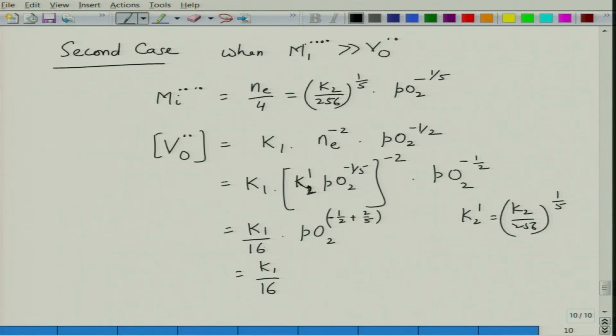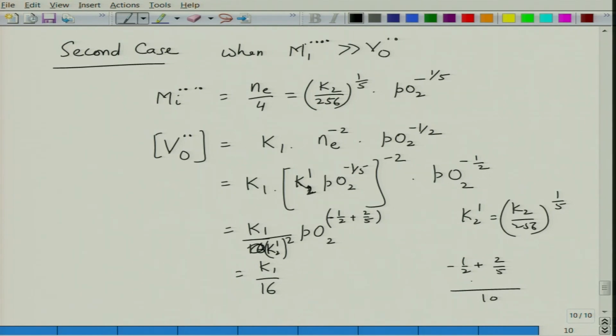So, this will become K1 divided by K2 prime to the power 2, okay, now it has become simpler, and this is PO2 to the power minus 1 by 5 into minus 2, it will become 2 by 5. So, minus 1 by 2 plus 2 by 5, how much will this be?